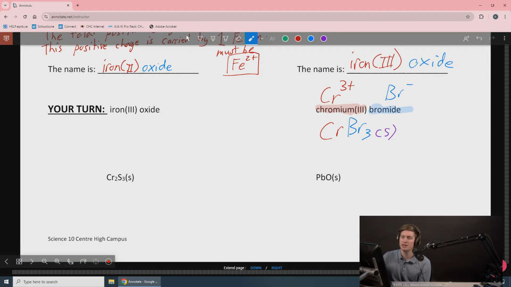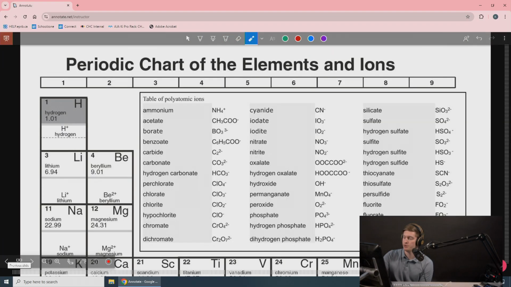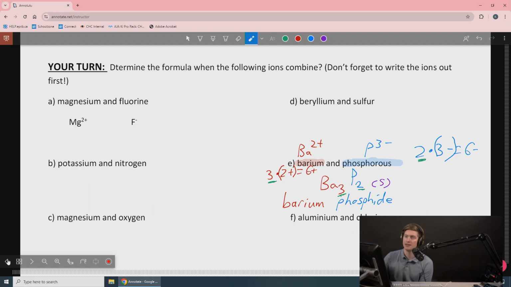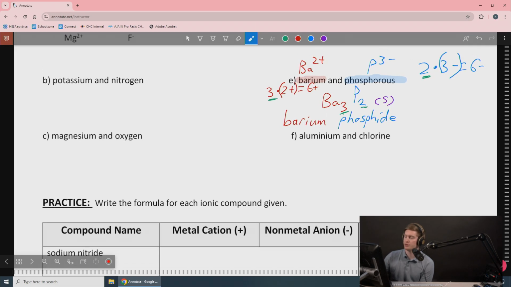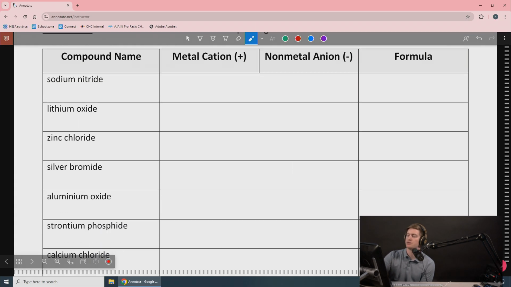A temptation here is to start using these Roman numerals for things that don't need it. If you go back to the last page, we did not need Roman numerals for any of these, for sodium, lithium, zinc, silver, aluminum, strontium.